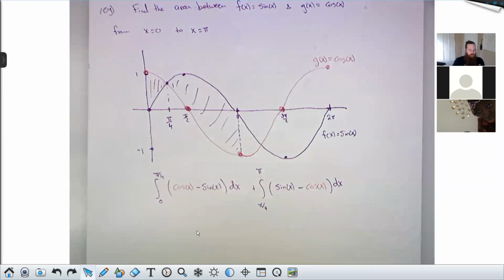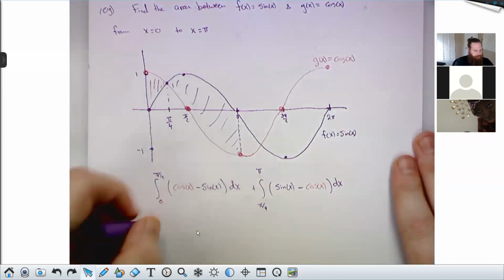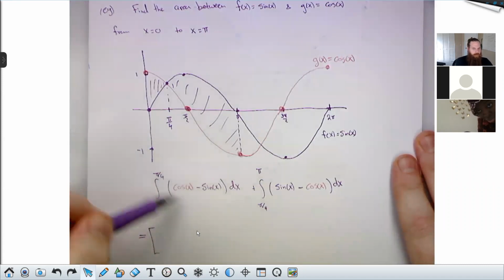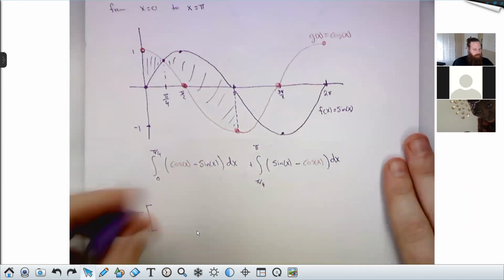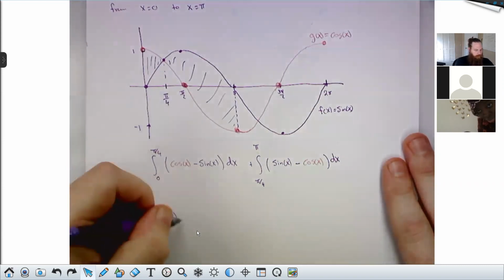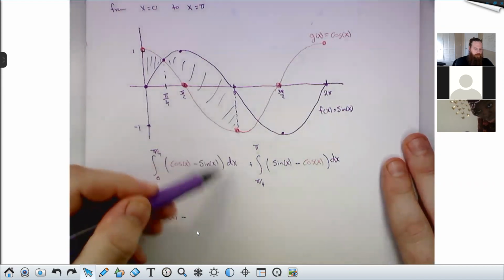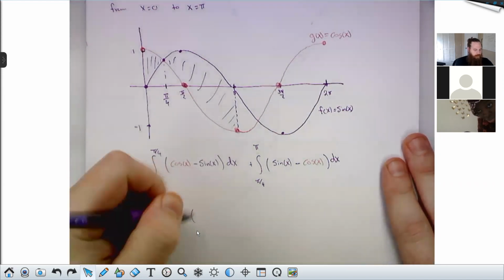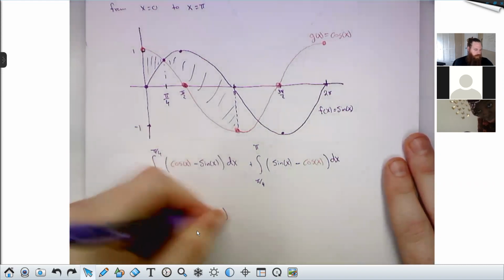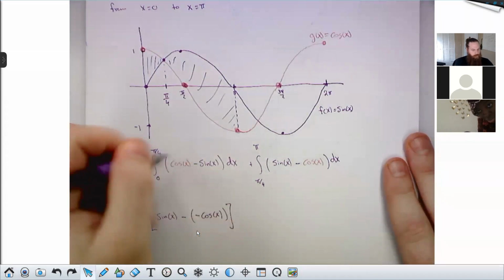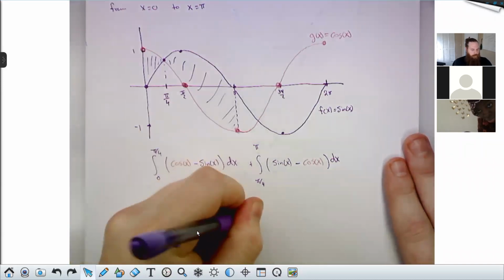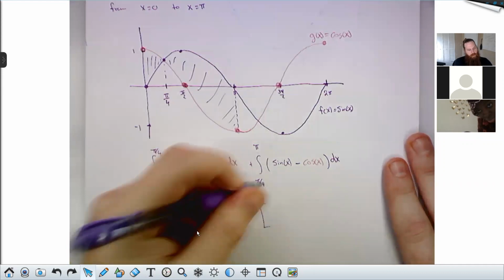And now again, each of these antiderivatives is easy. An antiderivative for the cosine function is sine. So this is sine x minus an antiderivative for the sine function, which is negative cos. And that will be evaluated from 0 to pi over 4, plus antiderivatives here.